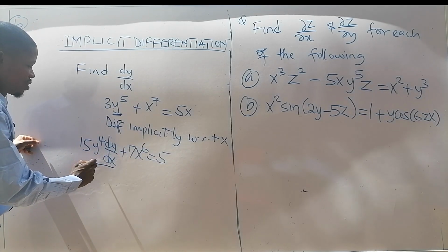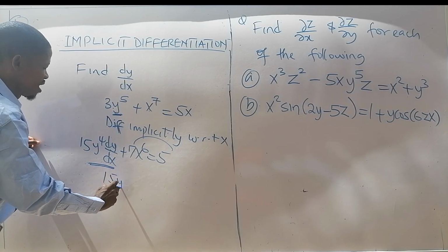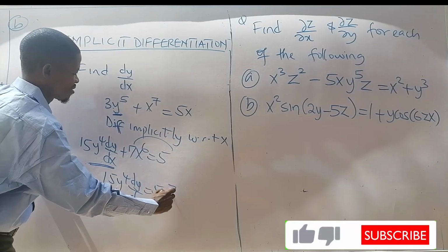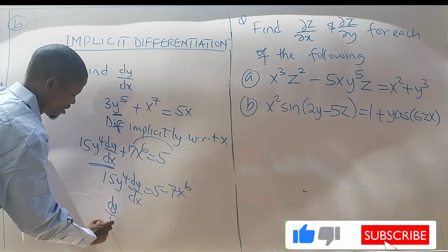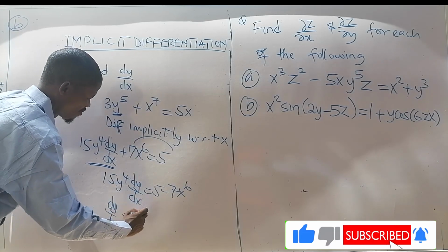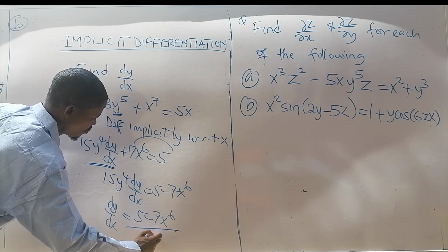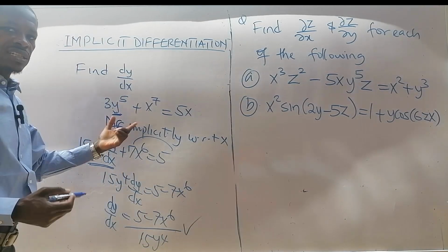Then you move this one to the other side. So we have 15y^4 dy/dx equal to 5 minus 7x^6. So dy/dx is equal to (5 minus 7x^6) all over 15y^4. So that's what we have for x and y.